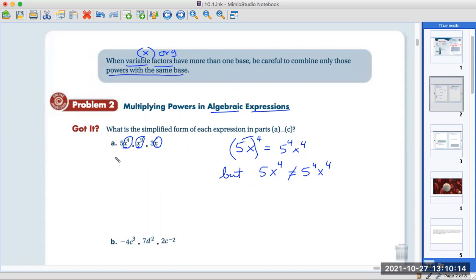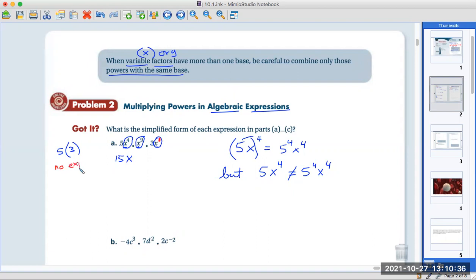So all we're going to do is multiply 5 times 3, which is 15, correct? The x's have the same base and you have to add the exponents. Make sure you add a 1 here. I'm going to put that in red. You have to put a 1 if there is no exponent.